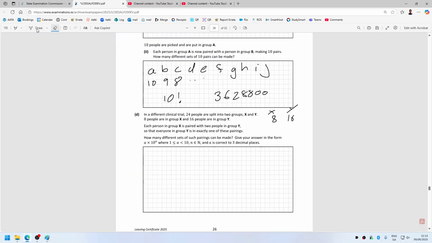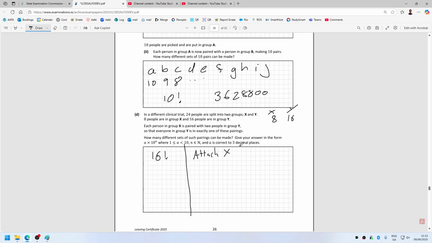So I actually don't know. It could be 16 factorial. If you're attaching to an X, then, hang on.